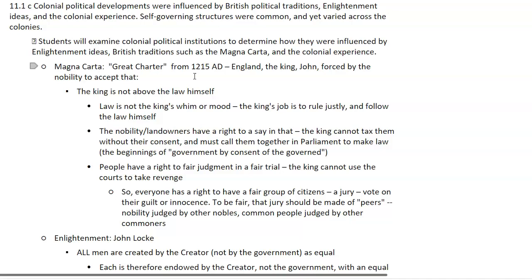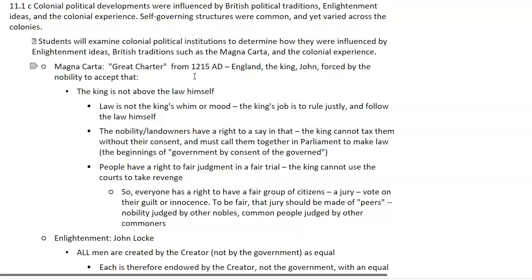But it's a beginning. It also says that people, all people, have a right to a fair judgment in a fair trial. The king cannot use the courts simply to take revenge against his enemies. Everyone has a right to have a fair group of citizens, a jury, vote on their guilt or innocence. To be fair, that jury must be made up of peers.